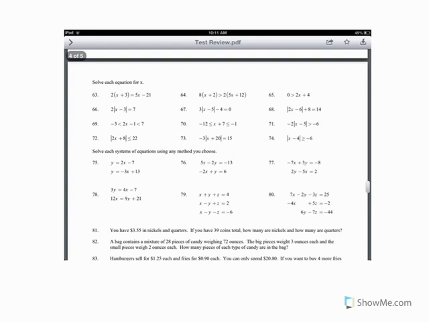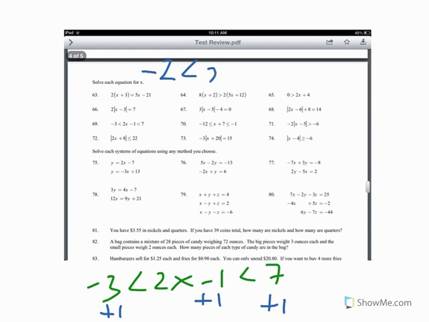Alright, so guys, 69, 70, and 71. You're basically going to solve 2 equations at the same time. So here I have negative 3, absolute value 2x minus 1, 7. Basically what I do to one side, I do to all sides at the same time. So I'm going to add 1 to both sides. And that gives me negative 2x, and 8.